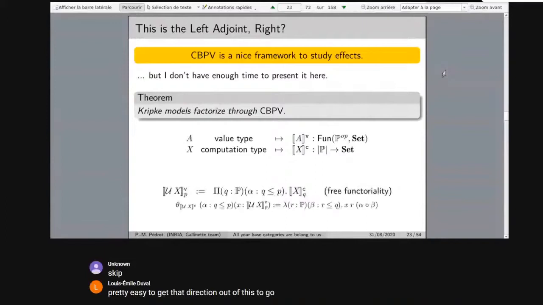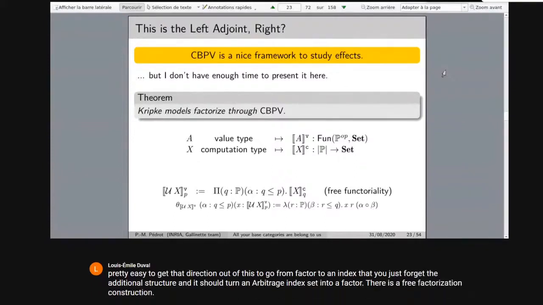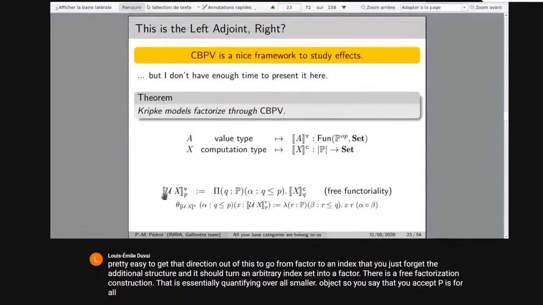And importantly, it's very easy to get an adjunction out of this. To go from a functor to an index set, you just forget the additional structure. And to turn an arbitrary index set into a functor, there is a free functorization construction that is essentially quantifying over all smaller objects. So we say that UX at p is for all q smaller than p, X at q.